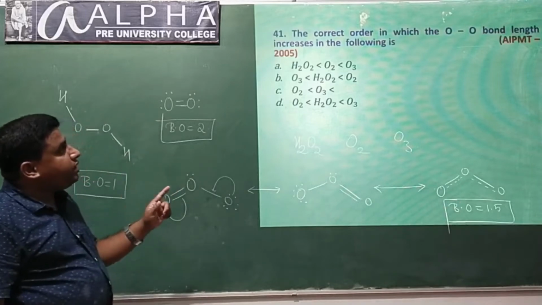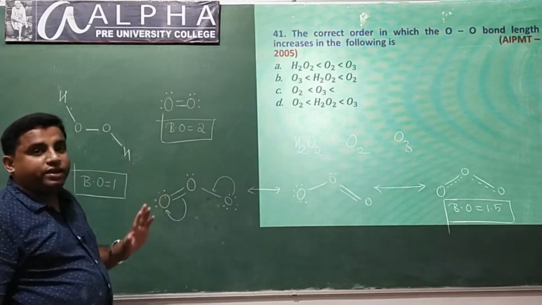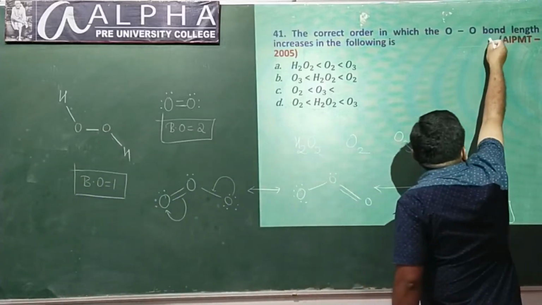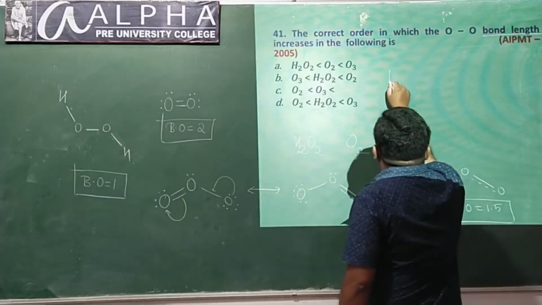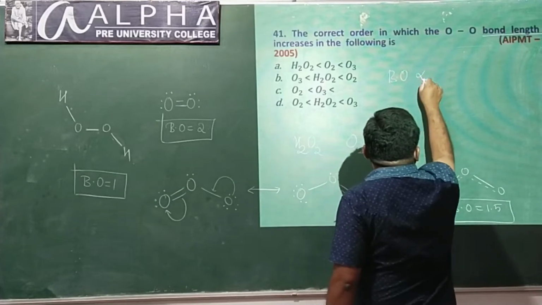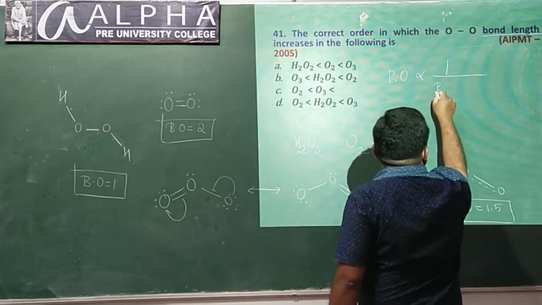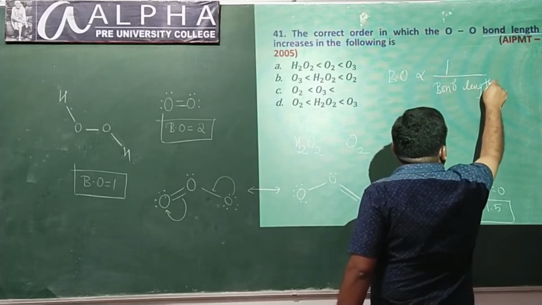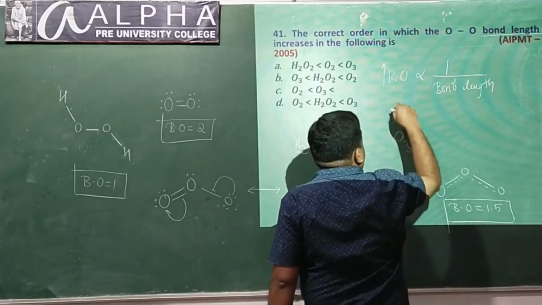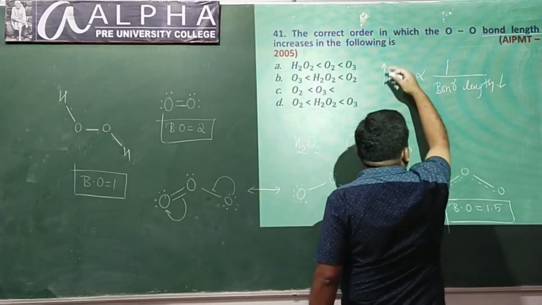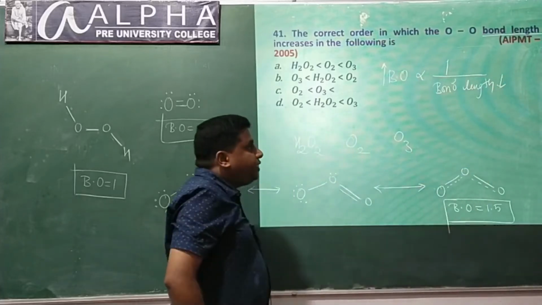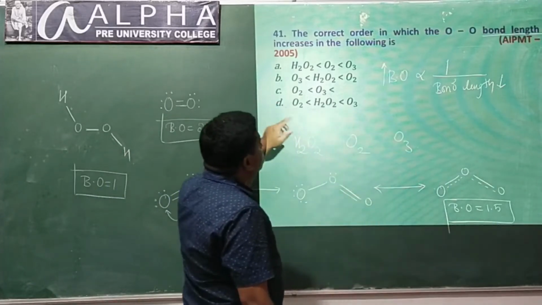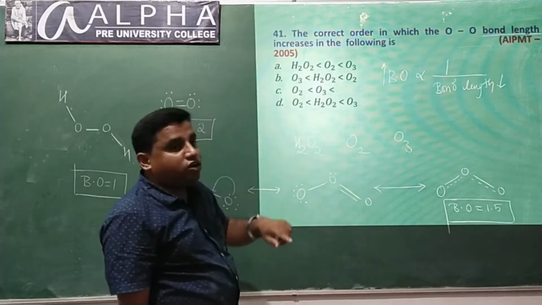Now, what is the question? The correct order in which the O-O bond length increases. He is talking about bond length. How many times have I told you that bond order is inversely proportional to bond length? If the bond order is more, less will be the bond length. So you have to arrange them in the increasing order of bond length.